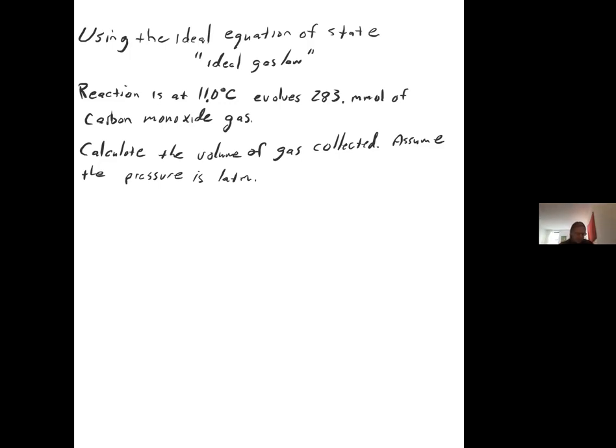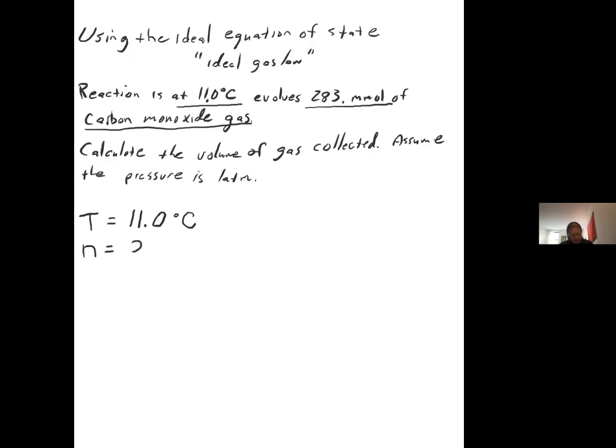What they gave us was the temperature. So I'm going to just start writing down numbers and labeling them. The temperature is 11.0 degrees C. Okay, so that's the first piece of information we have. The next piece of information we have is the number of millimoles of carbon monoxide gas. So the symbol for moles is n.